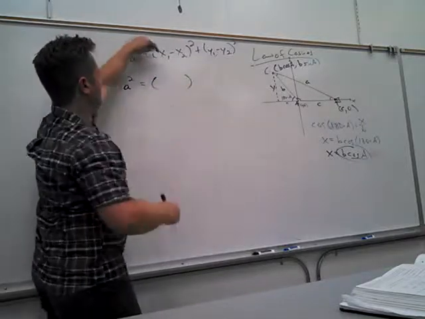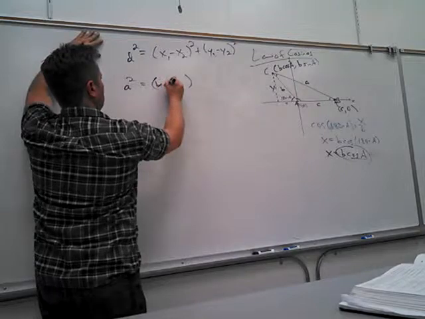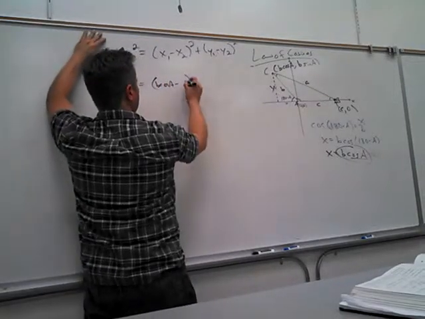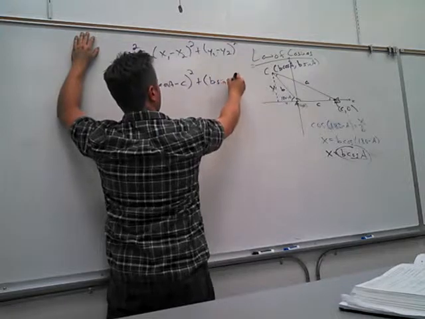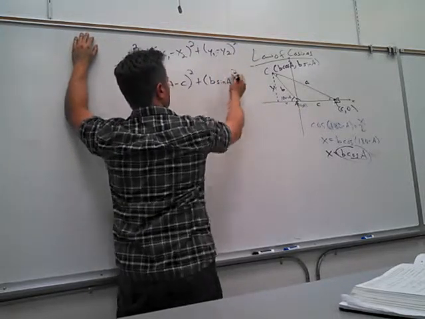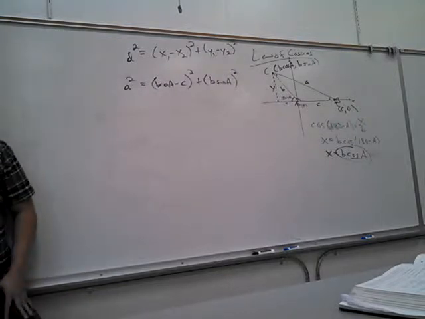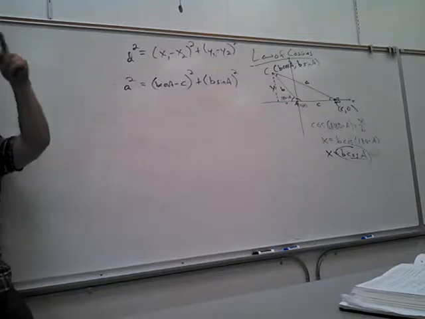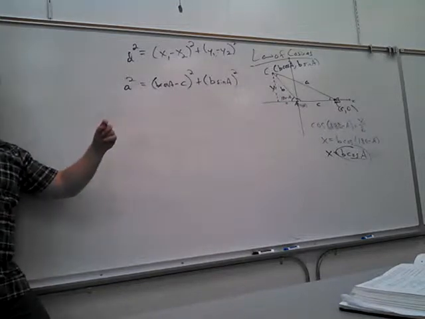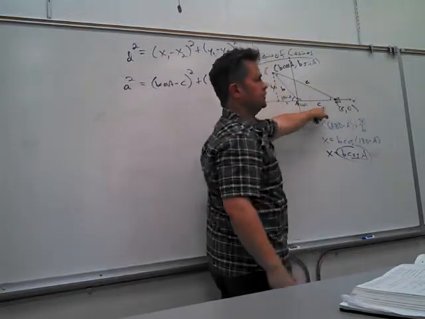What are the points themselves? Well, the x parts of the points are B cosine A minus C, plus B sine A minus 0. Just plugging in the points that we've got. That's why I had to figure out those points, so I can use a distance formula to figure out what the distance was between them. That's going to relate the length of this side to the lengths of these sides.